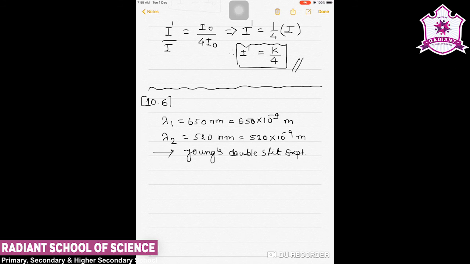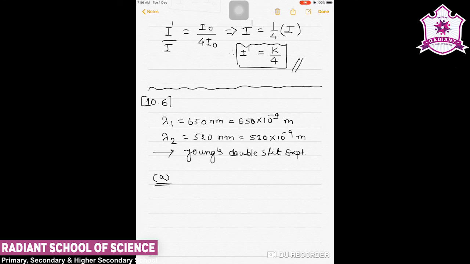So we are asked to find out, first, the distance of the third bright fringe on the screen from the central maximum for wavelength 650 nanometer. And second, what is the least distance from the central maximum where the bright fringes due to both the wavelengths coincide. The distance between the two slits is 2 millimeter.